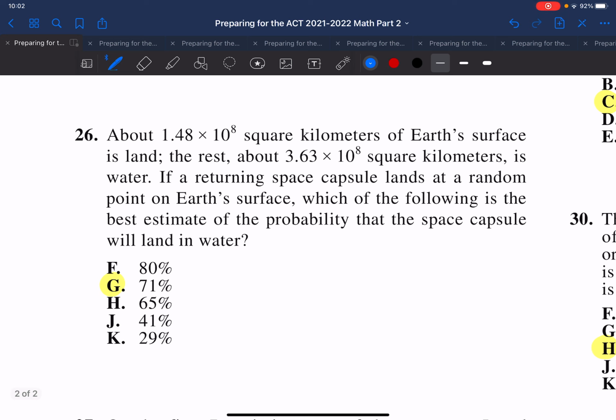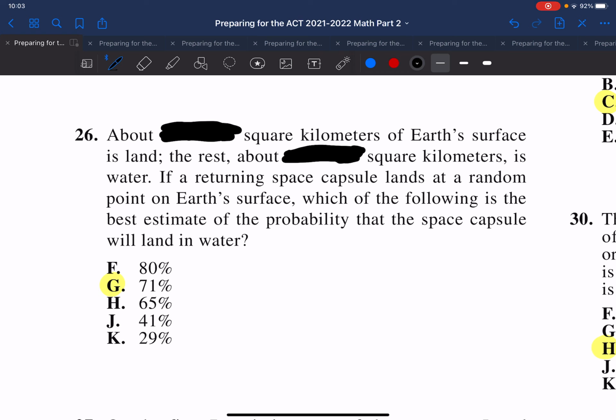All right, 26. Now for this problem, what I'm going to do is cover up this number, and cover up this number, because scientific notation, I'm noticing, messes up a lot of students, and they tend to miss the point.